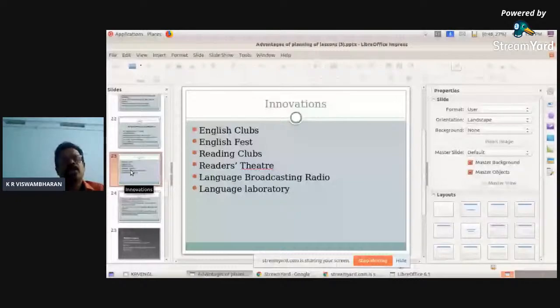Reading clubs can also bring parents and the public to the school. They can provide books to the schools. We have constituted class libraries in almost all schools, and reading clubs can take the initiative for making this class library more effective.